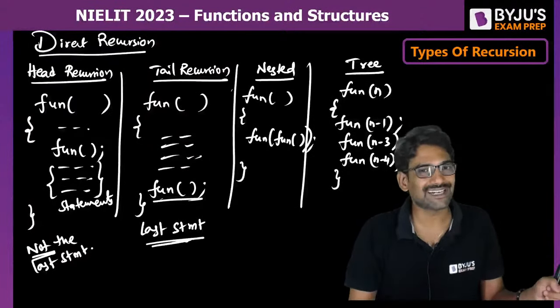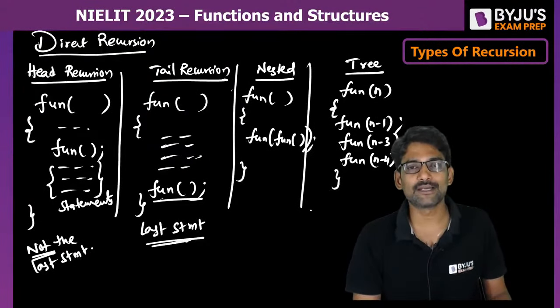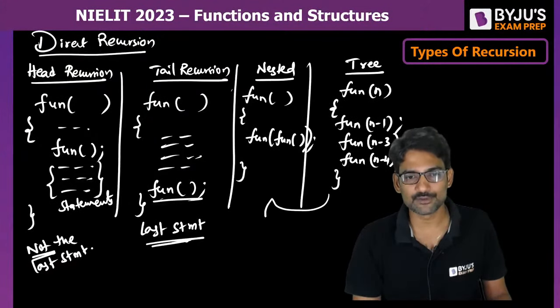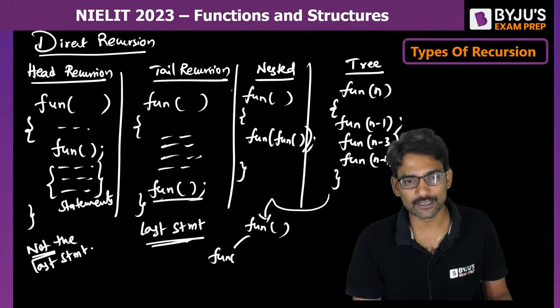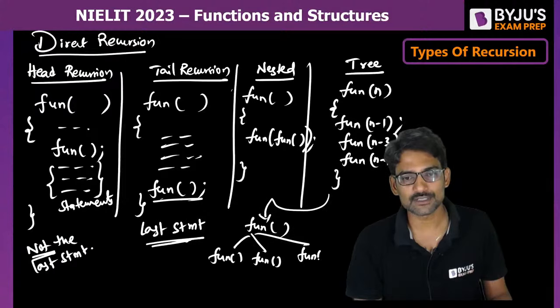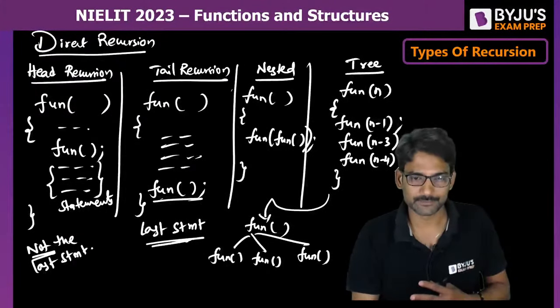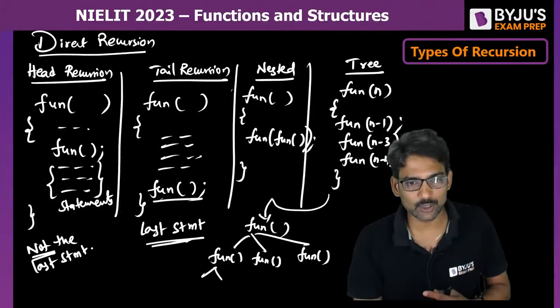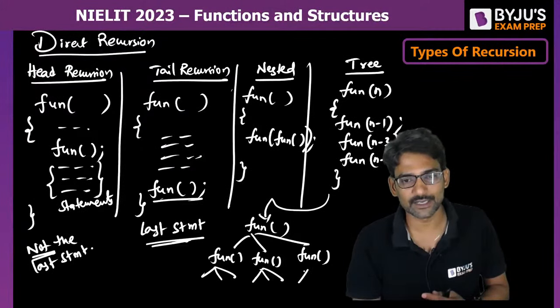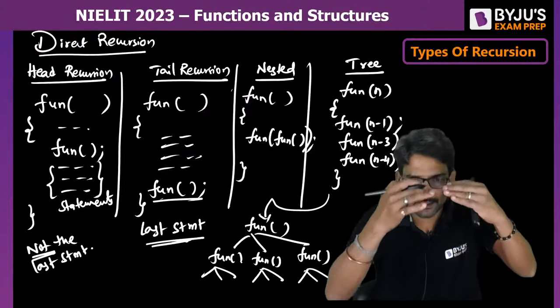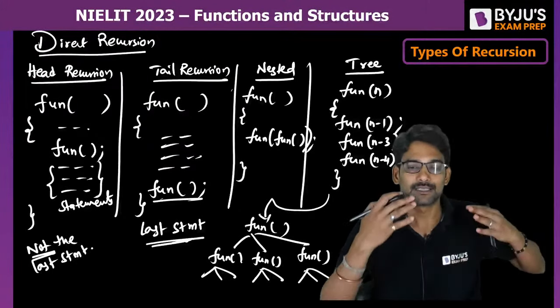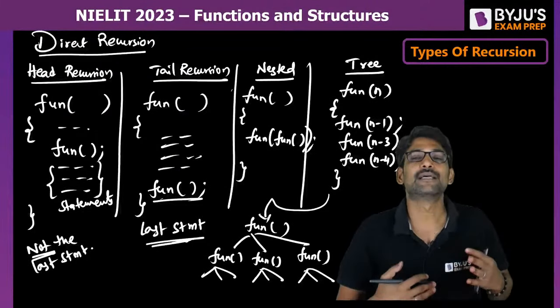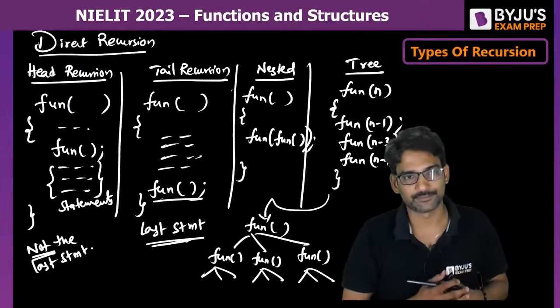So it forms a tree. Why do we call it a tree? Because you see fun calling fun, of course, arguments are different, and this in turn calls 3 times, this in turn calls 3 times, this in turn calls 3 times. In this way, it forms a hierarchy. That is the reason why we call it tree recursion.